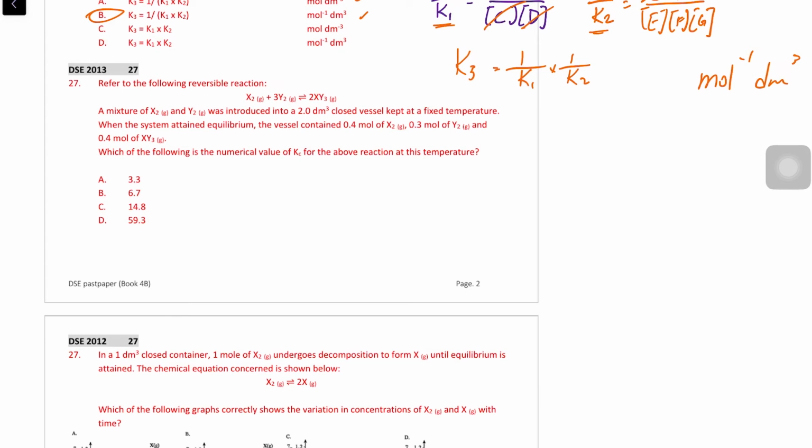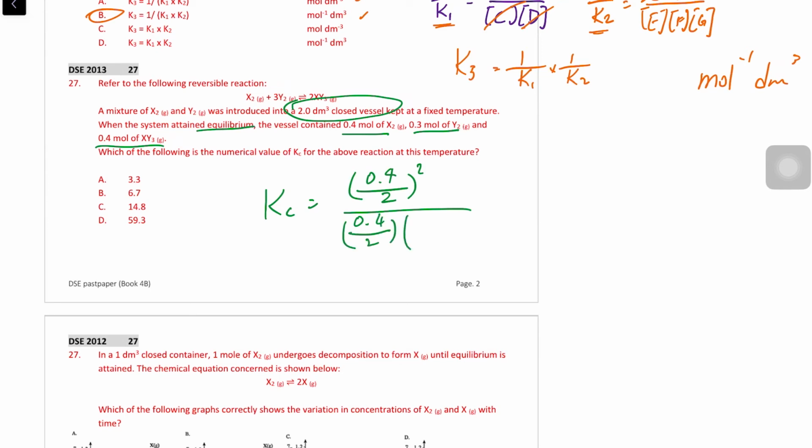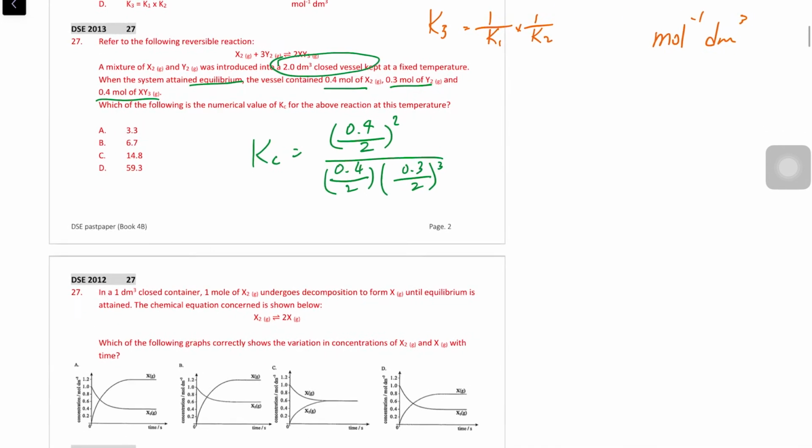Question 27 again. Let's check. We got this amount of volume when the equilibrium is reached: 0.4, 0.3, and 0.4. Okay, the value of Kc, so very good. The Kc equals 0.4 over 2 all square and 0.4 over 2, and the y is 0.3 over 2, but this time we need the cube, to the product.